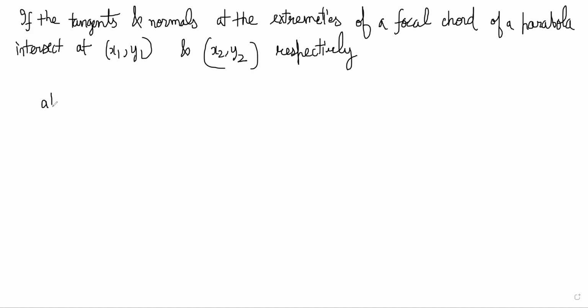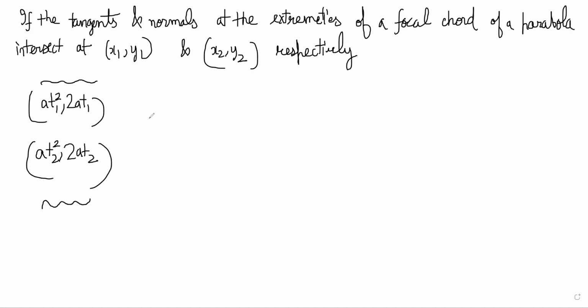If you have 2 points (at1 square, 2at1) and another point (at2 square, 2at2), where do the tangent at this and the tangent at this intersect? The intersection point of tangents has a nice parametric form. Do you remember?